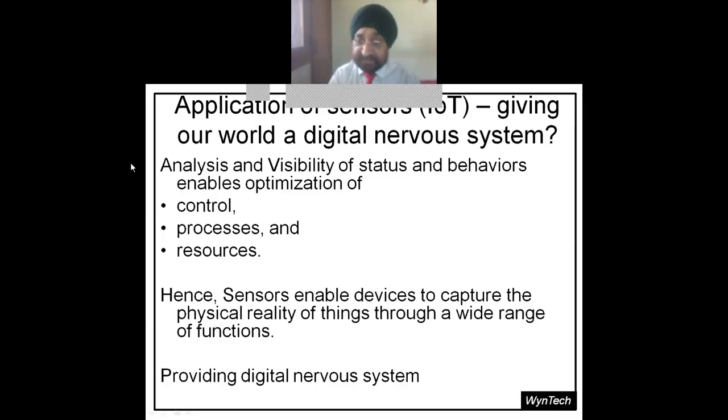They enable the device to come into the network, to participate in the network. Hence we call it a nervous system. The sensors make the object able to communicate with the system. That's why we are calling it a nervous system.